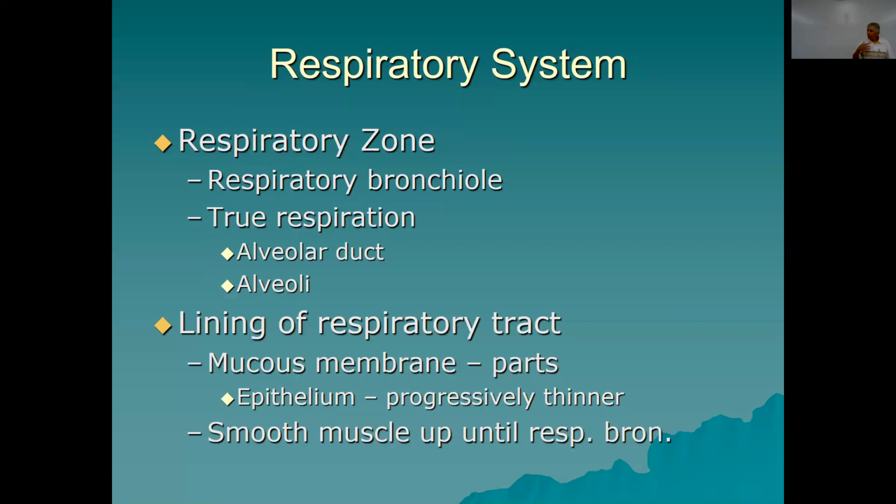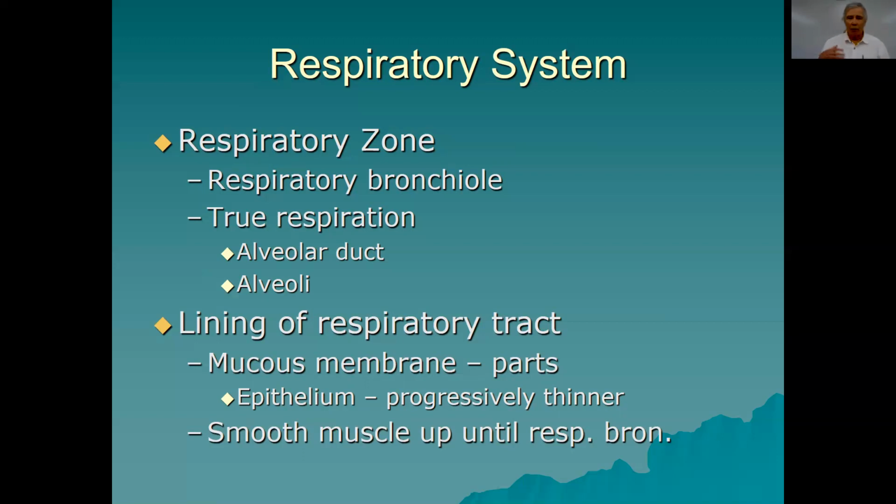And the ciliated epithelium does an important thing. Most of your conducting zone is lined by a ciliated epithelium, either a pseudostratified ciliated epithelium, or a columnar ciliated epithelium, or a cuboidal ciliated epithelium.